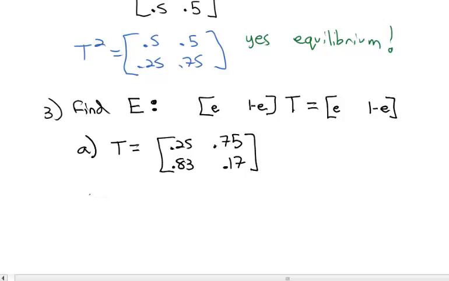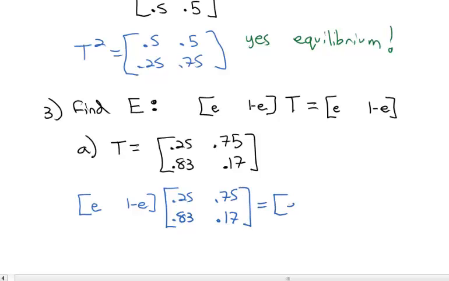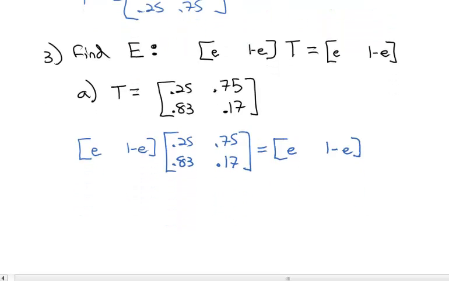Well, we don't know what E and 1 minus E is, but we do know that's the form of the equilibrium, times 0.25, 0.75, 0.83, and 0.17. And that's going to equal the equilibrium and 1 minus the equilibrium, because the equilibrium times the transition will always equal the equilibrium.